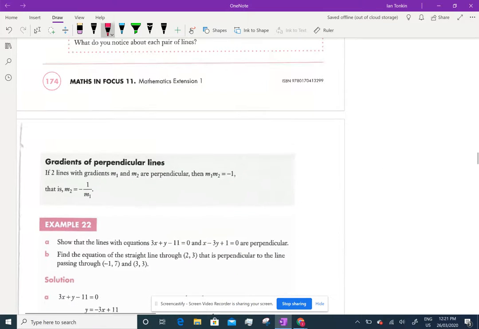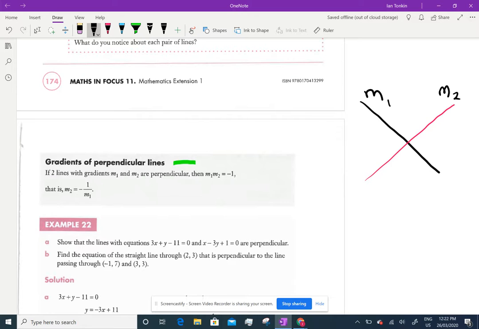If two lines are perpendicular, perpendicular means that they meet at 90 degrees. So if I have a line like this, and I have a line like this, the gradient of this line, let's call it M1, and the gradient of this line, M2, their gradients multiplied together, because they're perpendicular, equals -1.